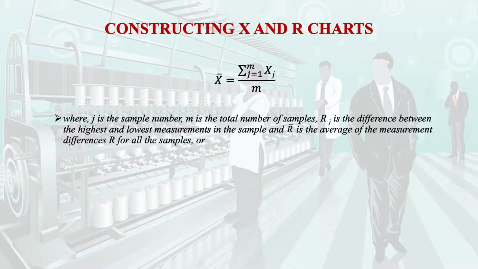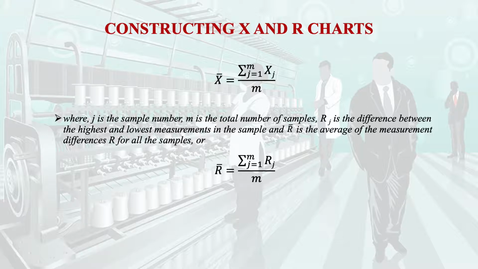When we talk about the R bar chart, Rj is the difference between the highest and the lowest measurement in the sample, and R bar is the average of the measurement differences for all the samples. Therefore, R bar is the summation of all Rj, j equal to 1 to M, divided by M.